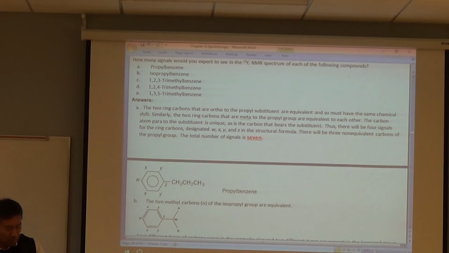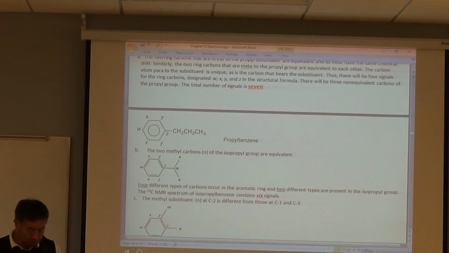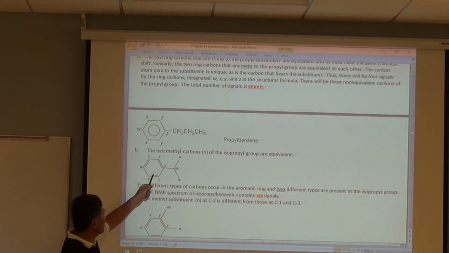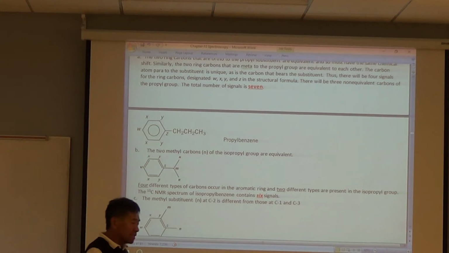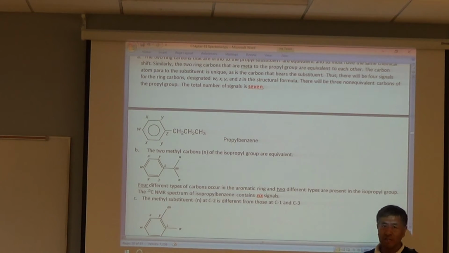So if I give you a molecule like this, similar to how you identify whether you have the same H or not, you can identify whether you have the same carbon or not.